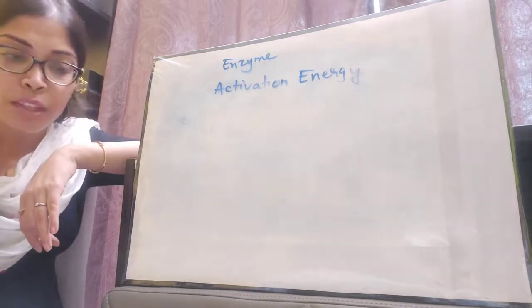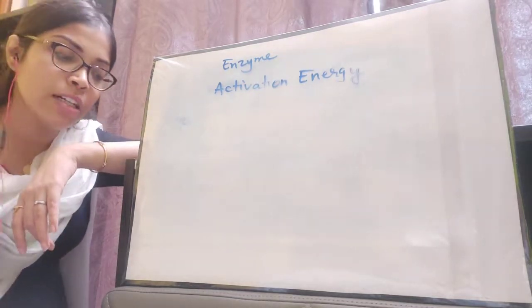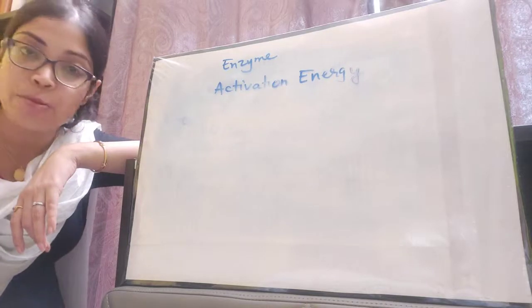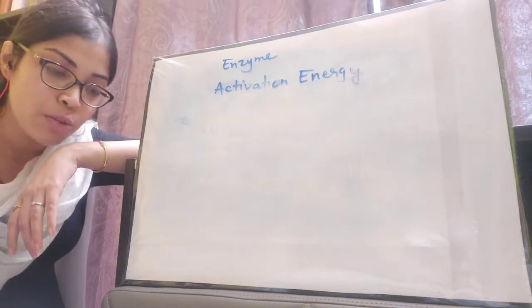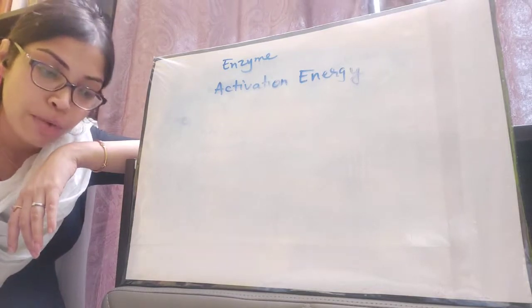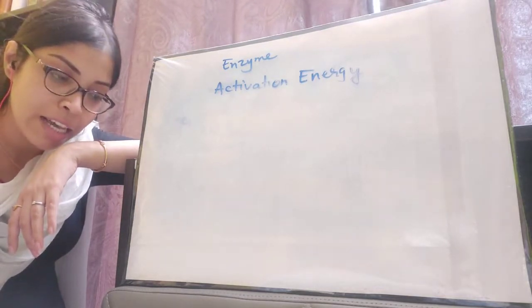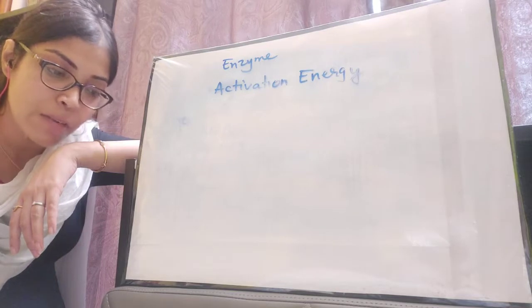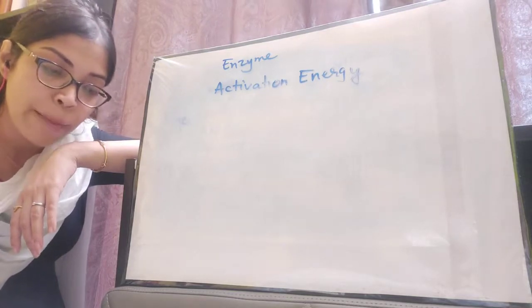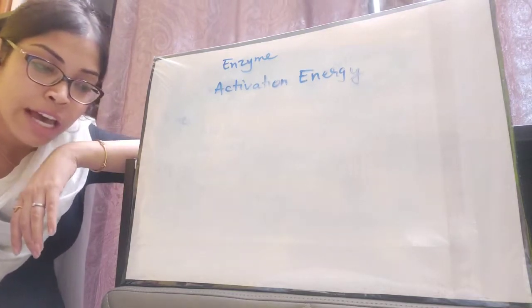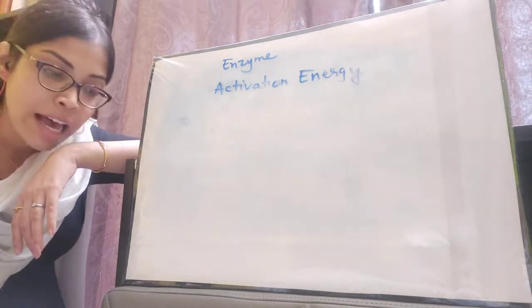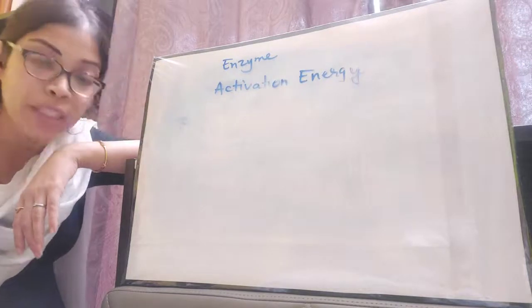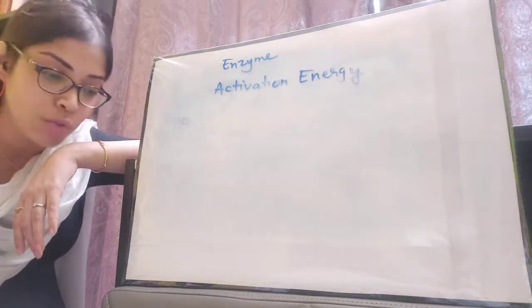Clear? Now if we read the definition of enzyme again, it will be clear to you all. An organic catalyst, usually protein in nature, produced within the living cell that accelerates a specific biochemical reaction by lowering the activation energy required for that reaction is known as an enzyme.